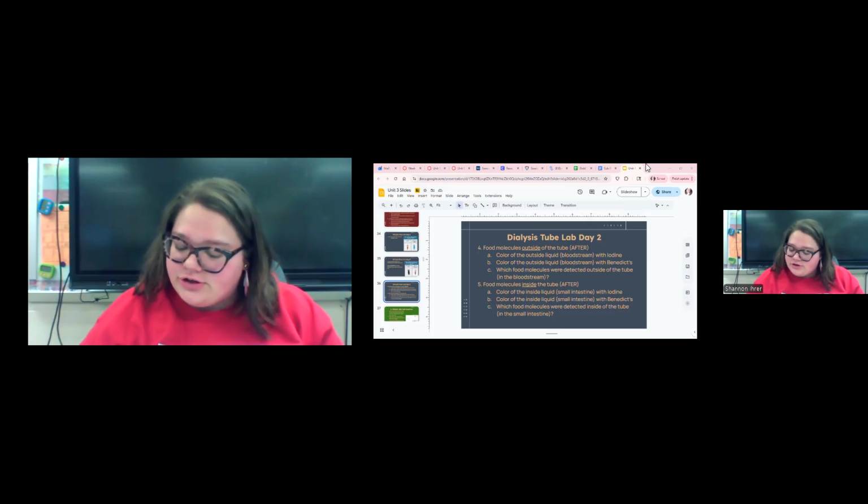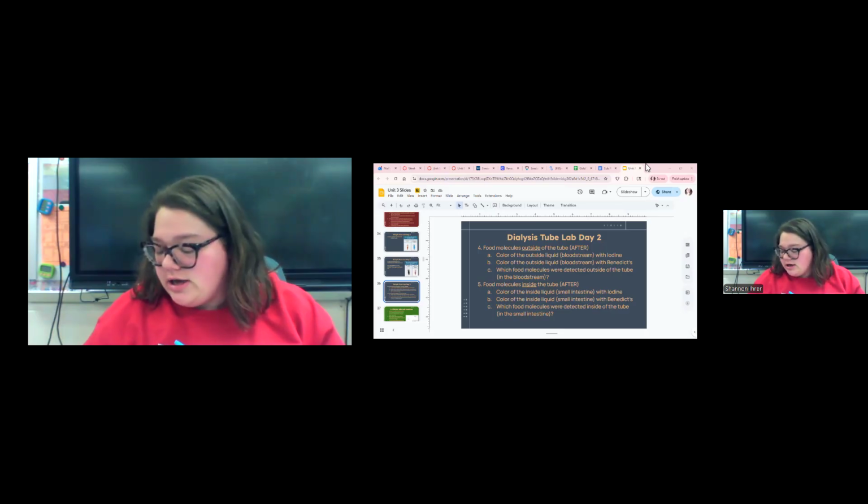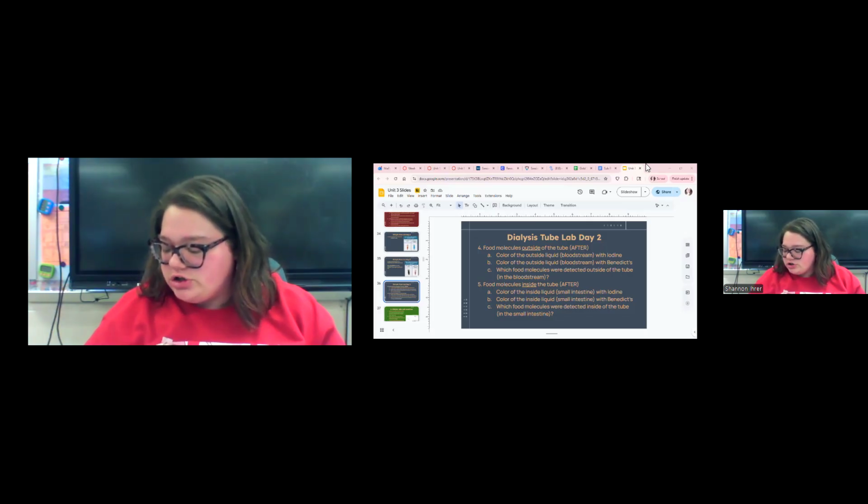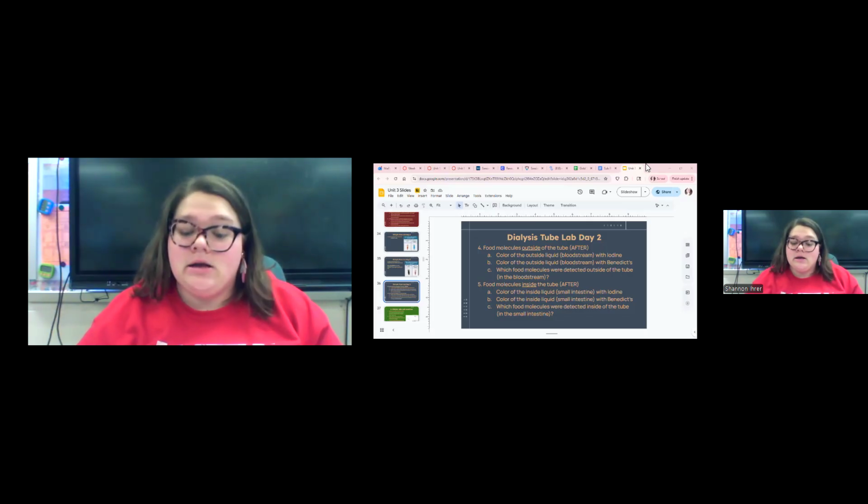And number 3, look at the structure of a complex carbohydrate molecule like starch compared to a sugar molecule like glucose. What do you notice and wonder? And there are pictures of a glucose molecule and part of a starch molecule. So I want you to answer those 3 questions.